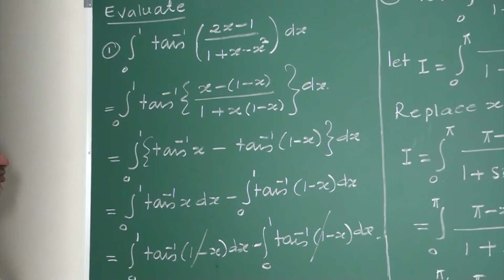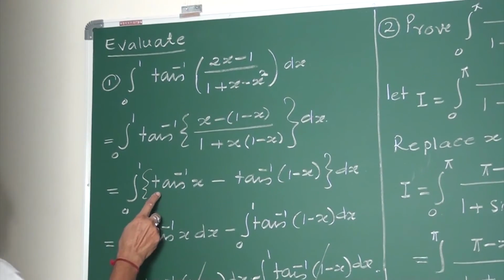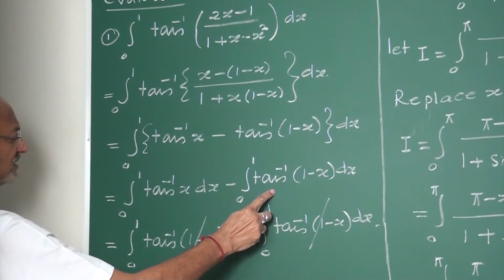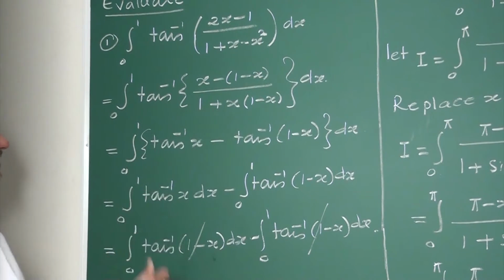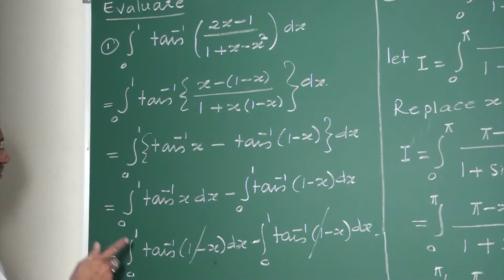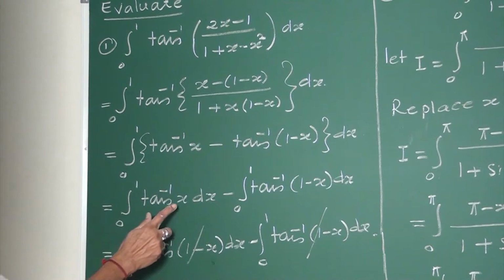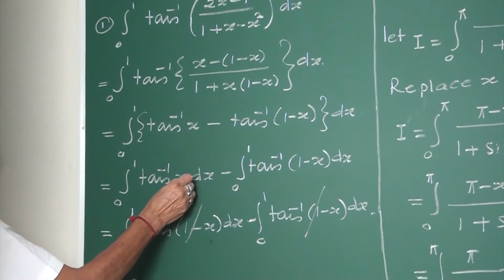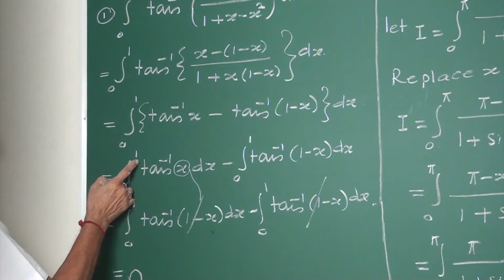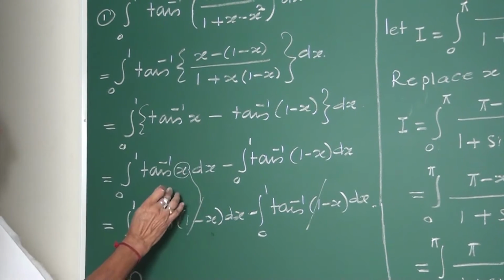I write individual integrals: tan inverse of the first integral minus tan inverse of the second integral. I apply that theorem. Replace x by upper limit minus x, because the lower limit is 0. Replace this x by upper limit minus x, that is, 1 minus x.